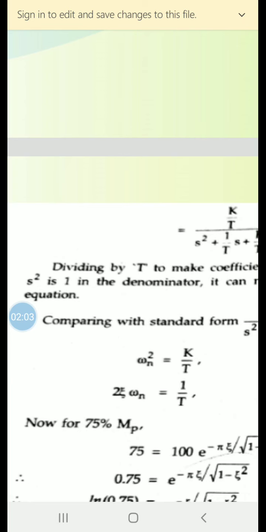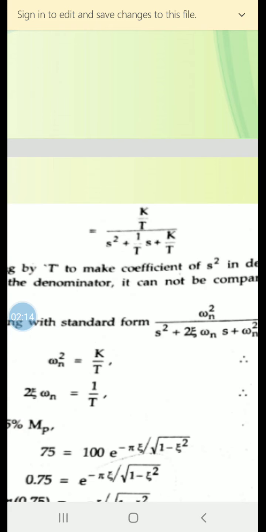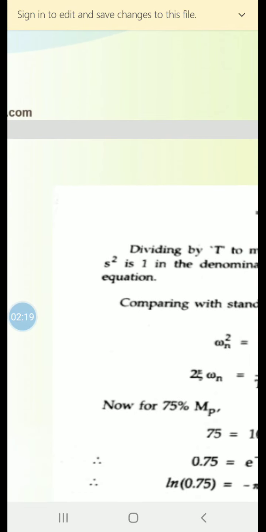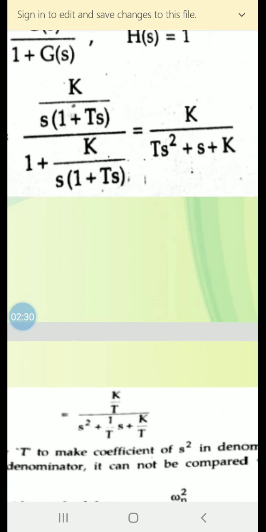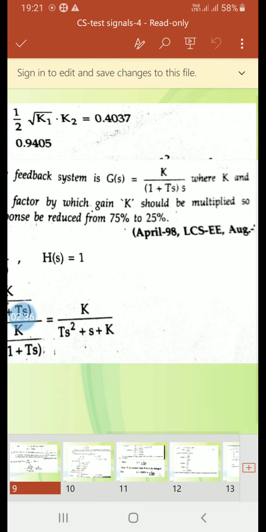Till the coefficient of s square is 1 in the denominator, it cannot be compared with the standard form. So in this equation, we have to make the s square term 1. It should be just s square. So divide the terms in the denominator by T.